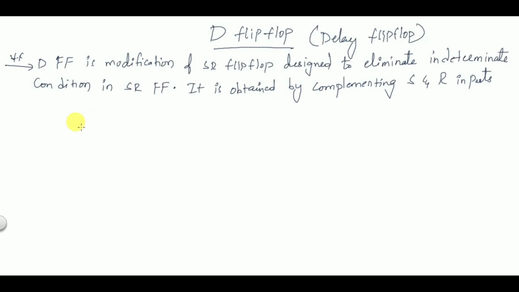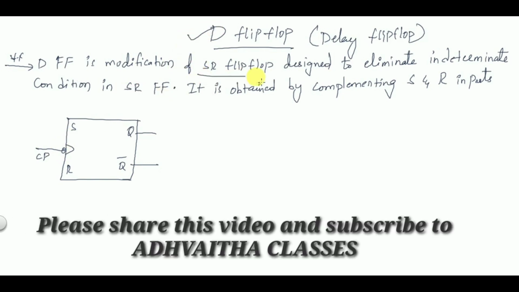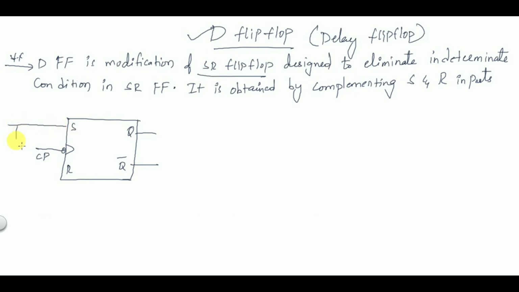That means if you have an SR flip-flop, with S and R inputs, clock pulse, Q and Q bar, you can design a D flip-flop from the SR flip-flop by complementing the S and R inputs.